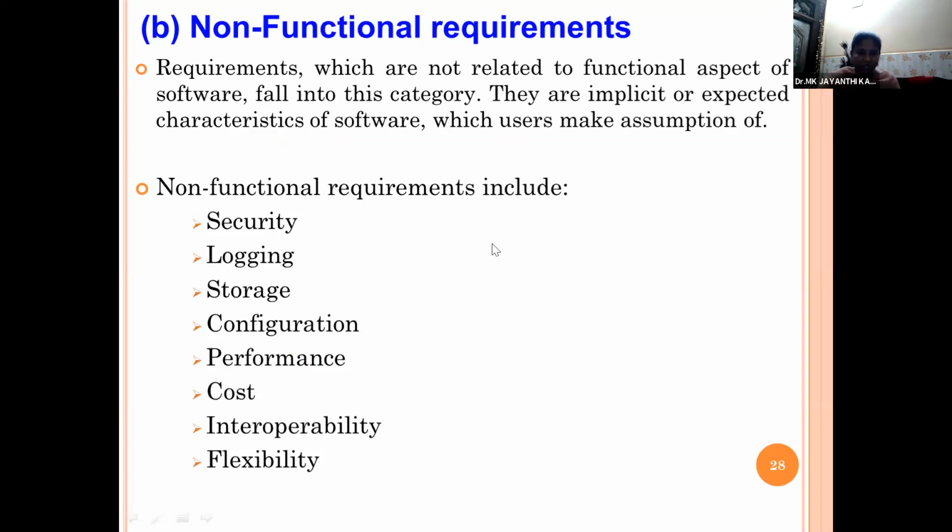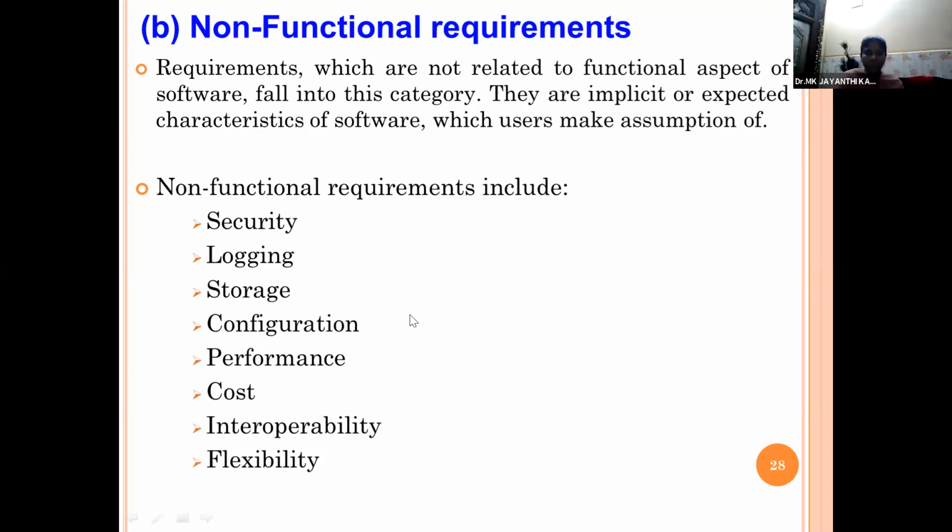So if you go to any external project review or the project viva, they will ask you what are non-functional requirements, because the functional requirements, everything will be specified in the project. So in the project, in the algorithm and the design part, we'll specify the functional requirements only, we will write the specification, as well as we'll have the diagrams. For non-functional requirements, that is not mentioned in the project.